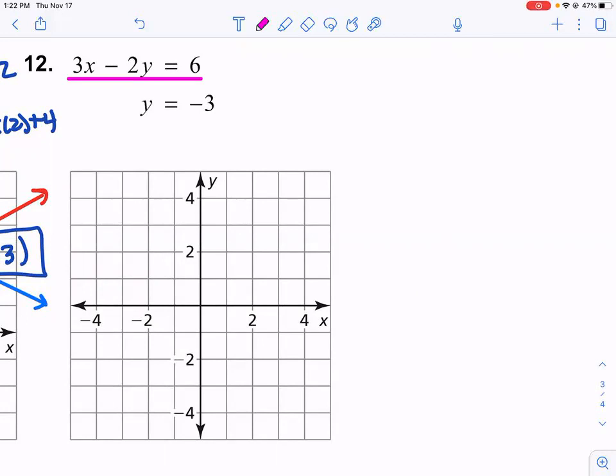Or I want to remind you of another method that we have. Option number one, you could solve for y. You could do some algebra and solve for y so it looks like y equals mx plus b. Option two, you can use the intercept method. If we plug a 0 in for x, what's our y-intercept? Negative 2y equals 6.